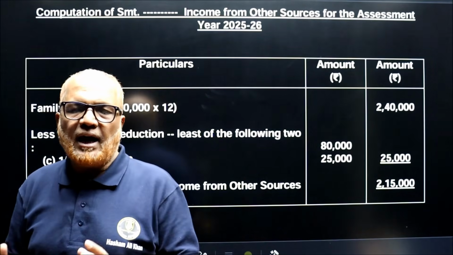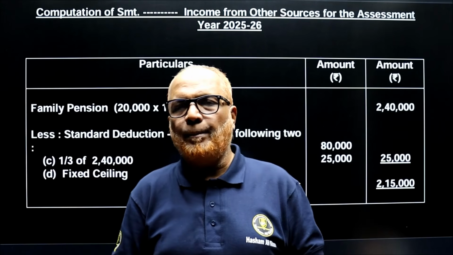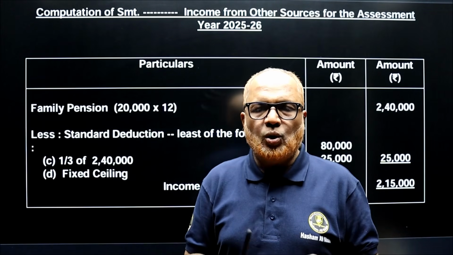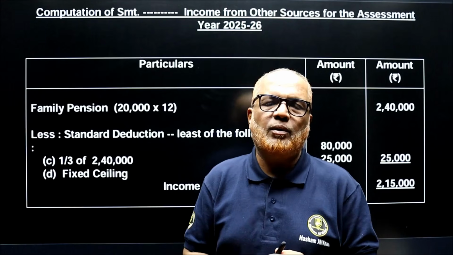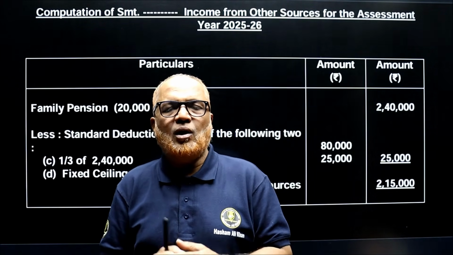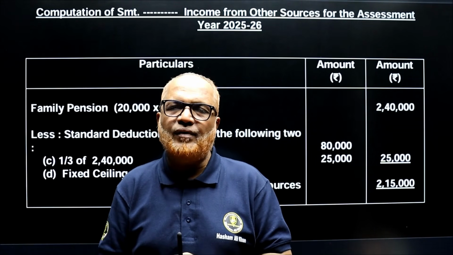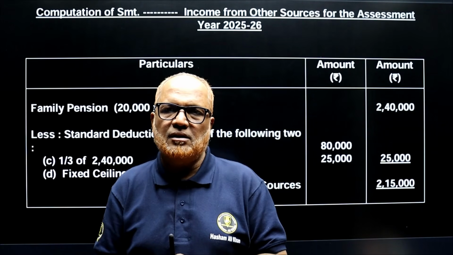So totally 9 problems I have selected regarding computing income from other sources. I hope if you watch all these 9 problems with full concentration, you got confidence. Now boldly, with confidence, you can face the examination. You can fetch excellent marks.